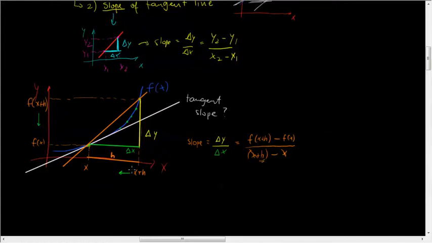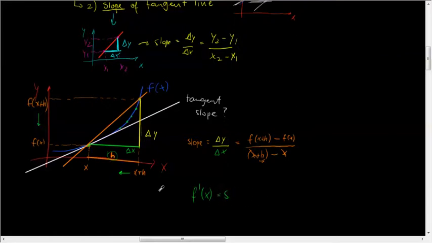So we want to bring this point here to this point, so we want to make h go down until 0. So we will define this as the slope of the tangent line, and we'll call the slope of the tangent line f prime of x.